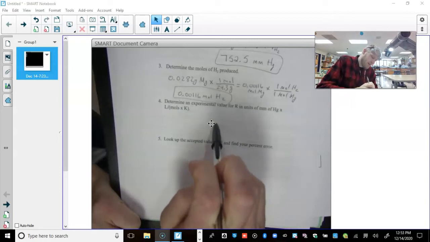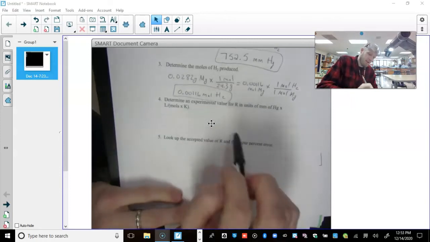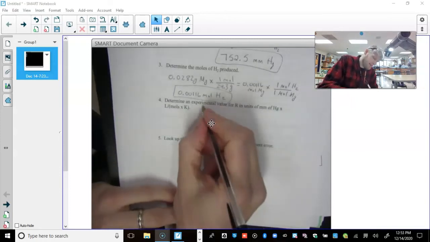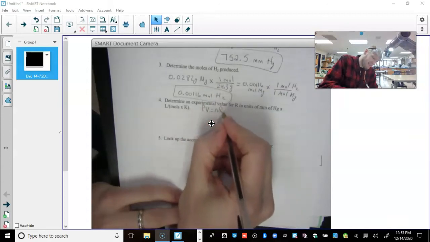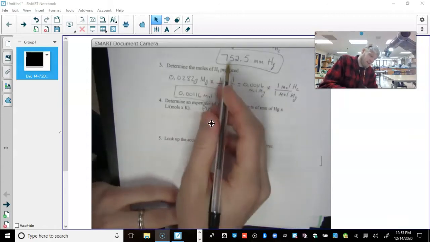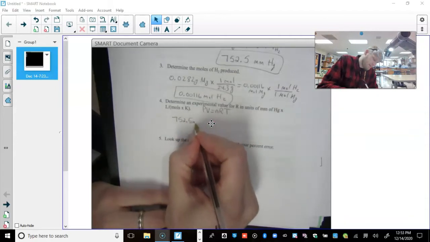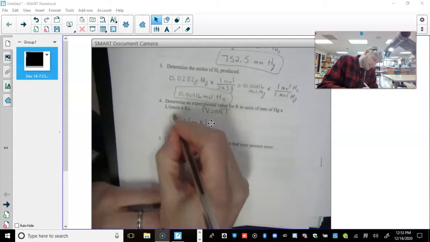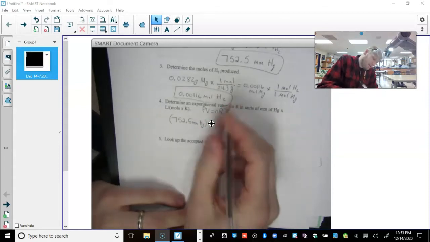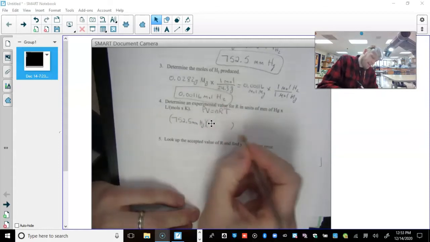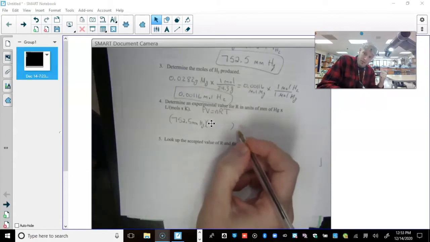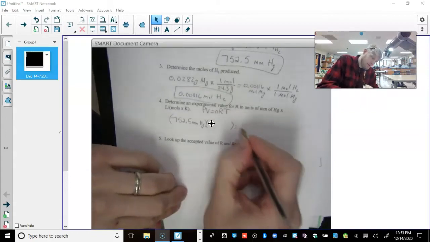Next, we've got to determine an experimental value for R. So this is where we do the ideal gas law. Finally, my pressure is 752.5. My volume is what I'm going to get from my eudiometer, so I'll come back to that one.